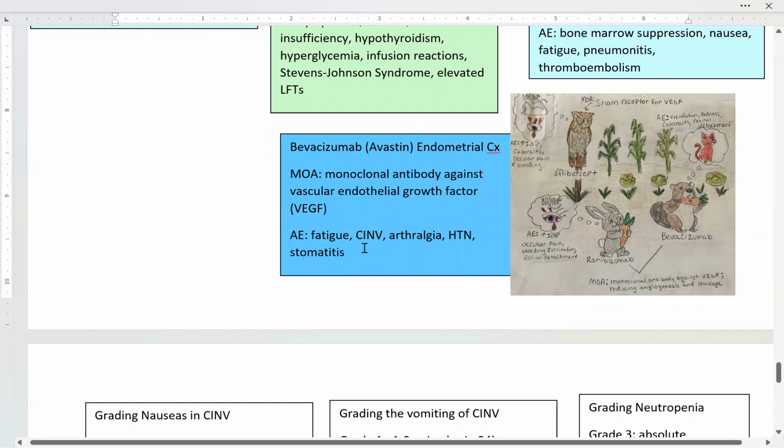Adverse effects are fatigue, nausea, arthralgia, hypertension, and stomatitis. We learned this in our heme module, so a lot of the side effects on this picture have to do with the eyes and not what's on this slide. So you just think of a nauseous, fatigued beaver.